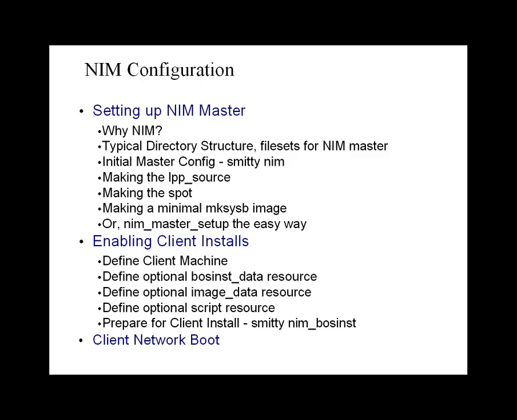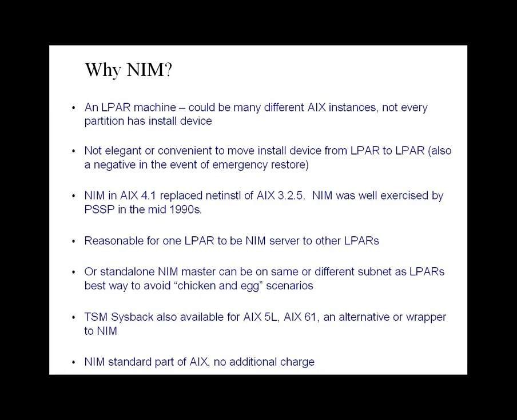Moving on into why NIM. It really became important when we got LPAR machines, partitioned servers, late 2001. Power 4 first showed up in the P690, a high-end machine, with 16 LPARs perhaps on 32 processors, and then eventually 32 LPARs on 32 CPUs. This was before fractional CPU. We assigned whole processors, but they were LPARs.